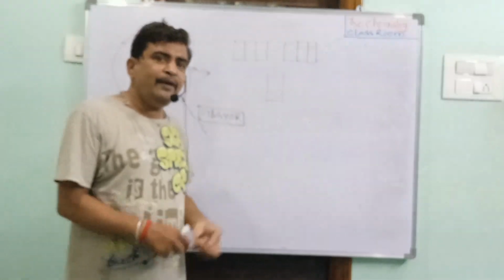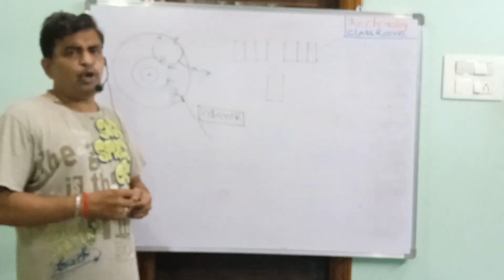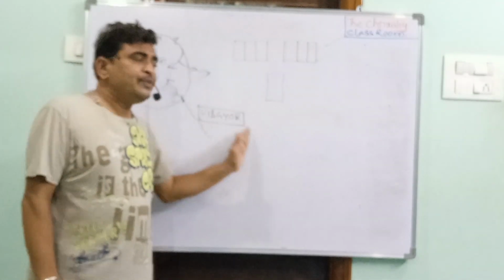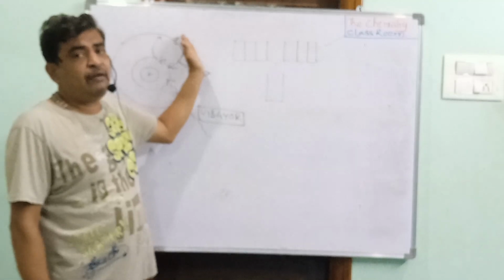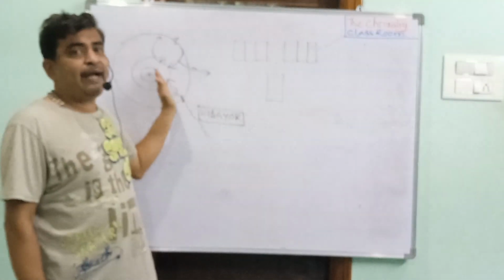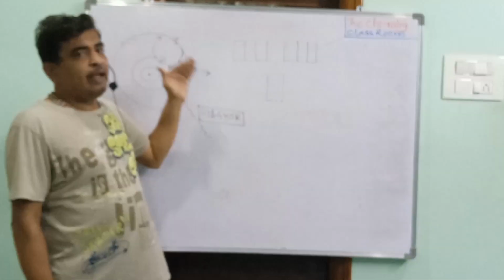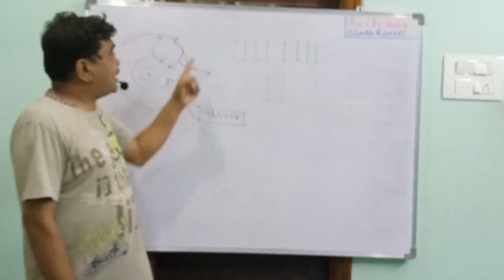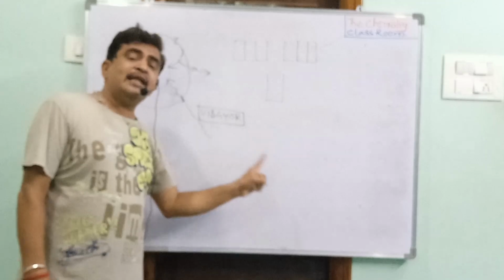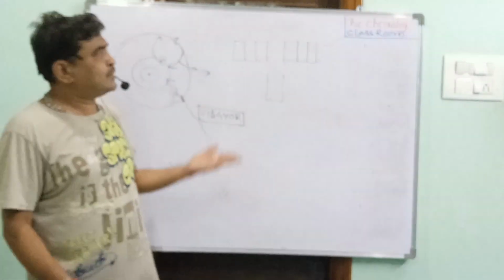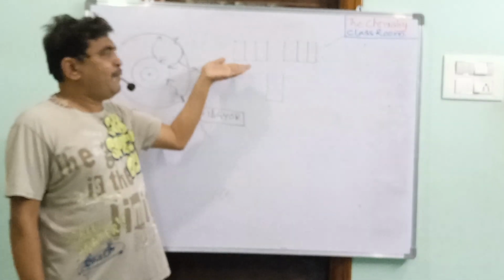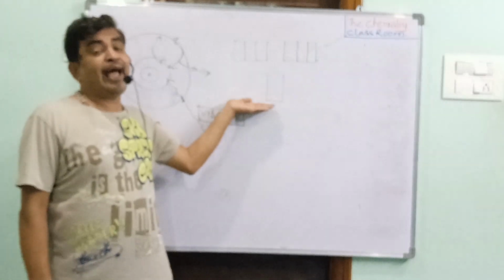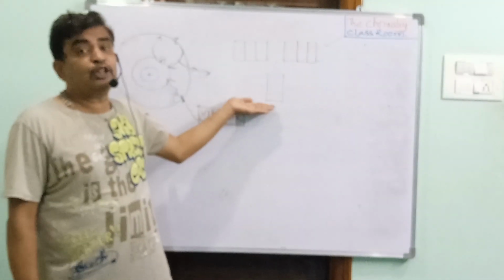So here, many atoms absorb different energies and excite the electron, and then get back to the ground state. At the time of excitation, they absorb radiation, and at the time of returning to the ground state, they release radiation. Whether it is absorption spectra or emission spectra, it is a line spectrum, a discontinuous spectrum.